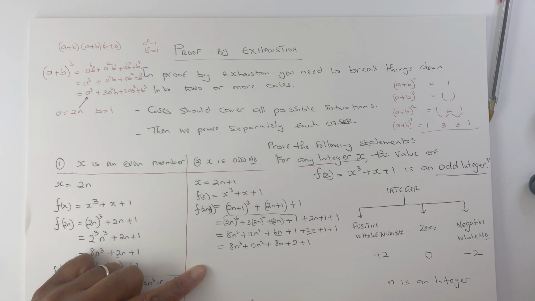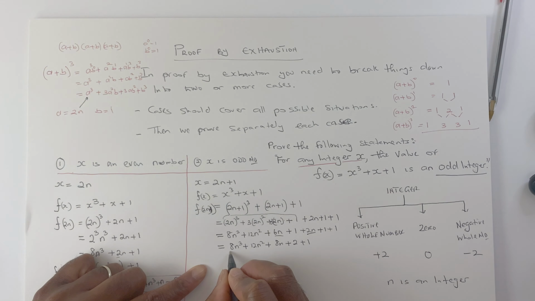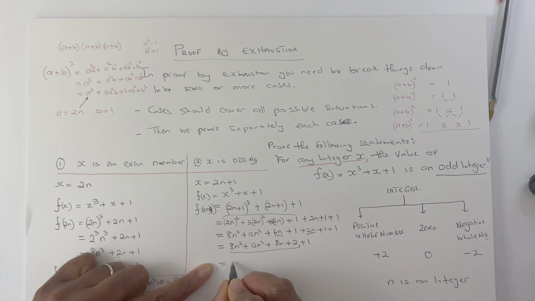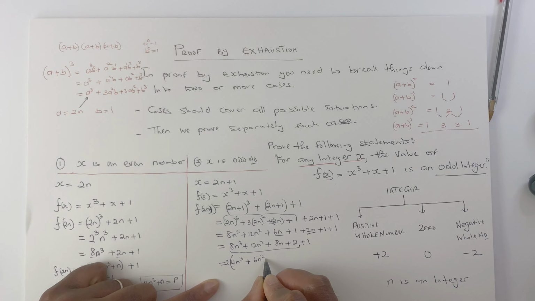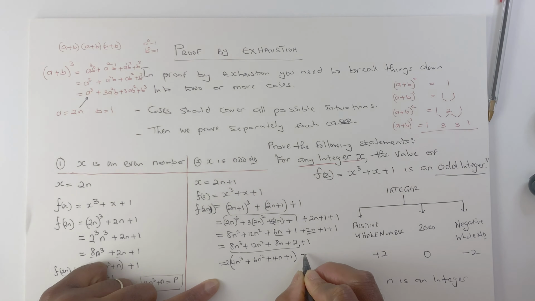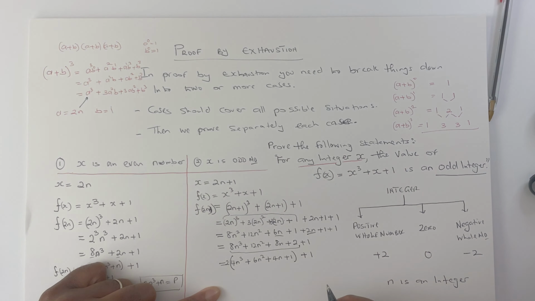There's a reason for that, because I'm going to take a common factor of 2 from the first part. So I get 2 times (4n cubed plus 6n squared plus 4n plus 1), and then I get plus 1 at the end.